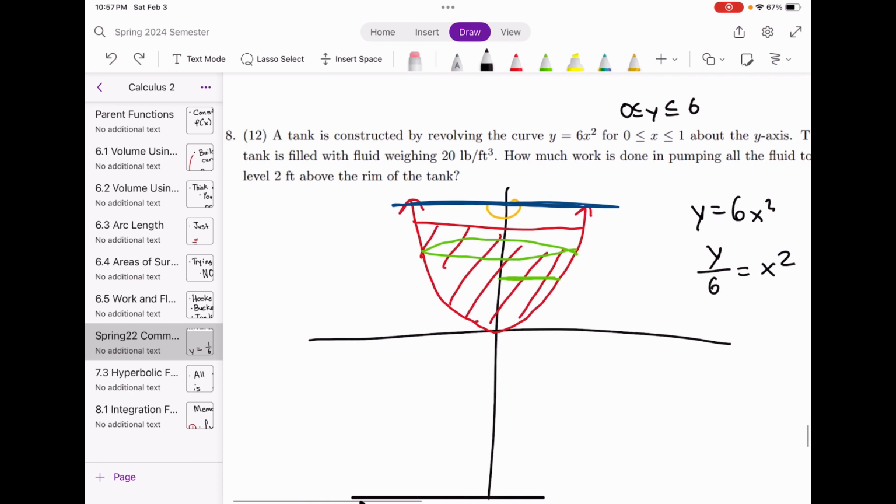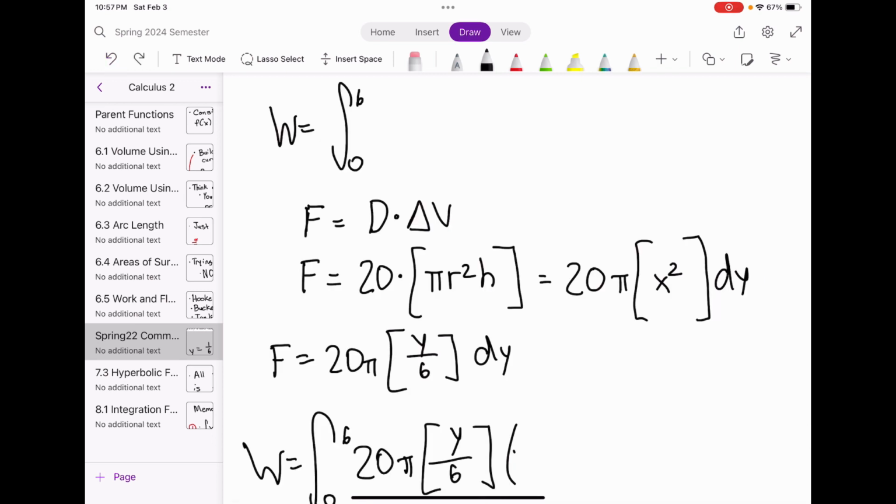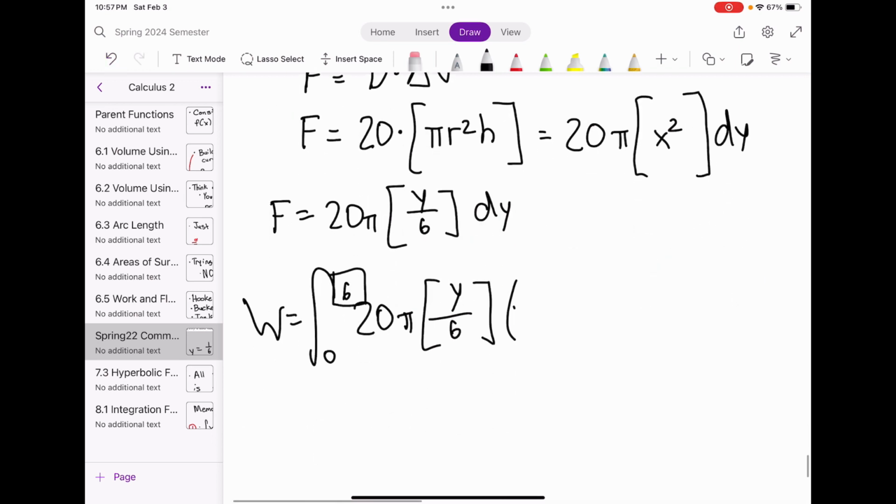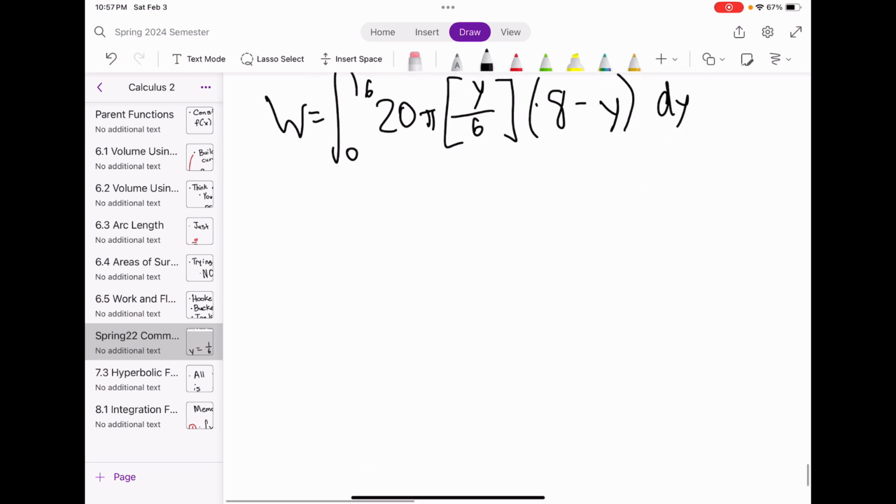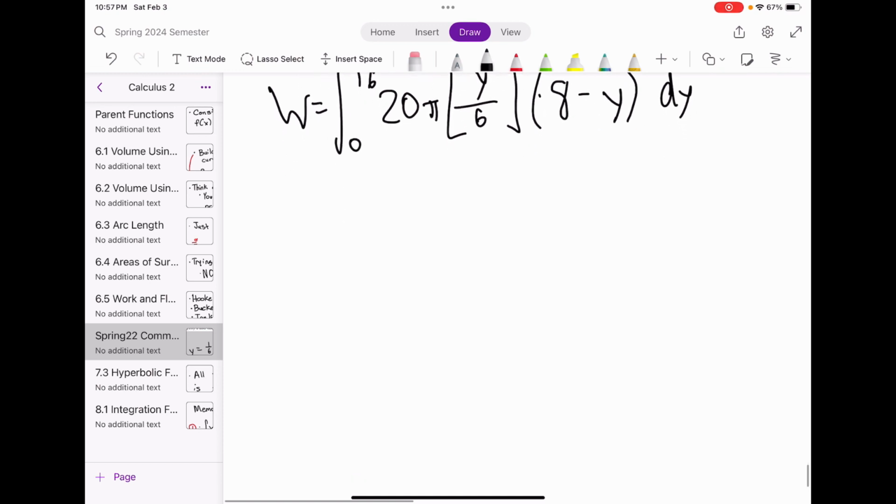Because you want to bring it 2 feet above the rim. So the rim is 6, and we're going to leave this limit at 6, but we want to bring this up to 8. And 8 minus y, dy. Sound good? Let's keep going.